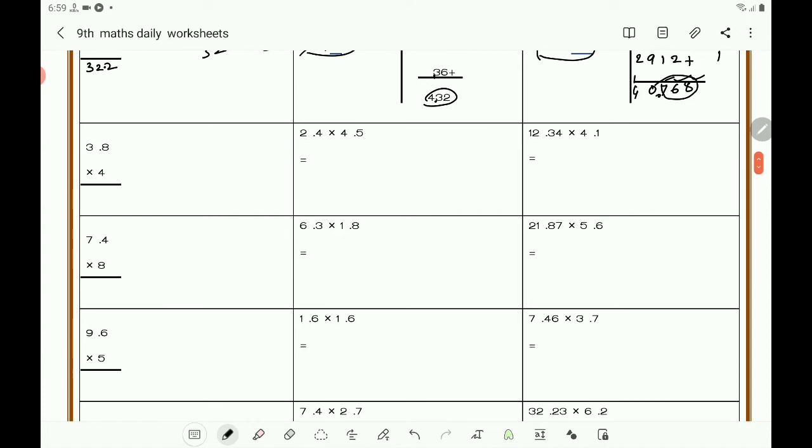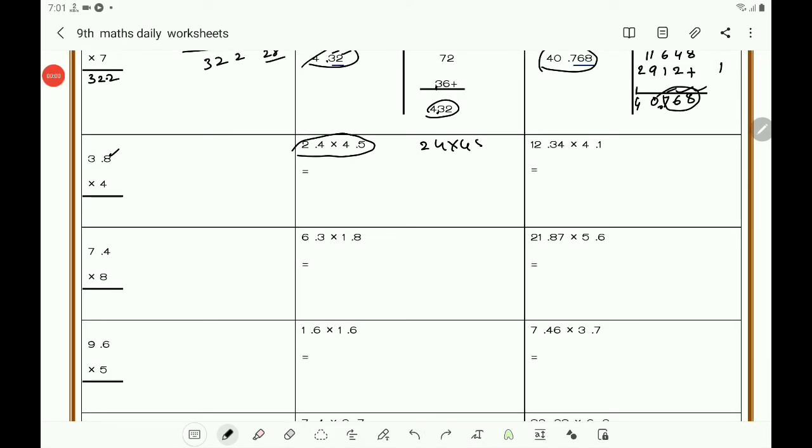Now you take the next one. 3.8 into 4. Here also multiply 38 by 4 and put the decimal point after one digit. That is, only one digit will be there after the decimal point. Next, 2.4 into 4.5. First you find the product of 24 and 45 and put the decimal point after 1 plus 1, 2 digits, this way.